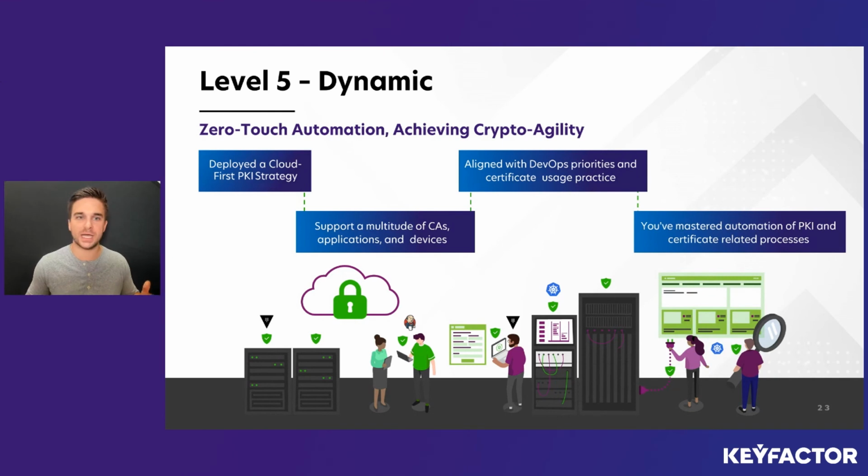And the last one is the automation of PKI-related processes. Now you're able to automatically renew certificates at high speed. You're able to automatically change the algorithms backing that certificate if you need to for crypto agility. All these things play into you having mastered automation around PKI-related processes.